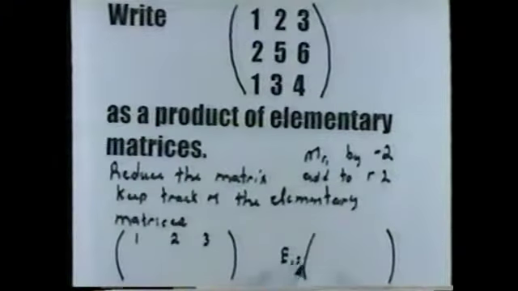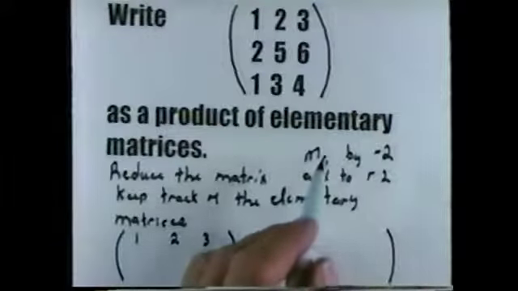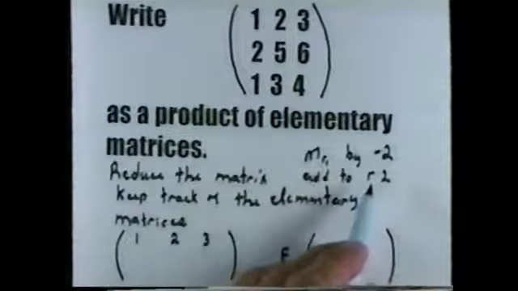So with E1, E1 is what I do to the identity. So I start with 1, 0, 0, 0, 1, 0, 0, 0, 1. So I'll start with the identity, and I'm going to do the same thing to the identity to get E that I do over here. Well, we're multiplying row 1 by negative 2, adding to row 2.